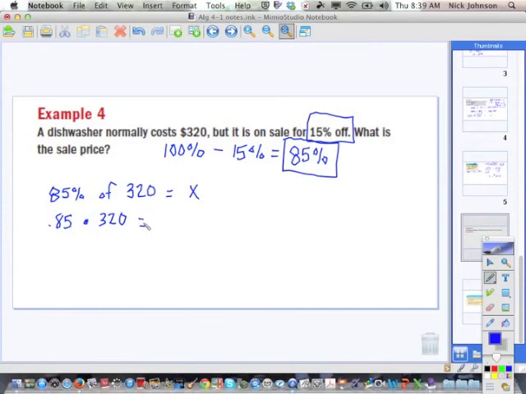And as I said before, since we've got a smaller percentage times the number, we should be expecting a smaller number. So we should have some number less than 320, because it would be really silly if you had a sale on an item and you actually paid more than the original price. So 0.85 times 320 is $272.